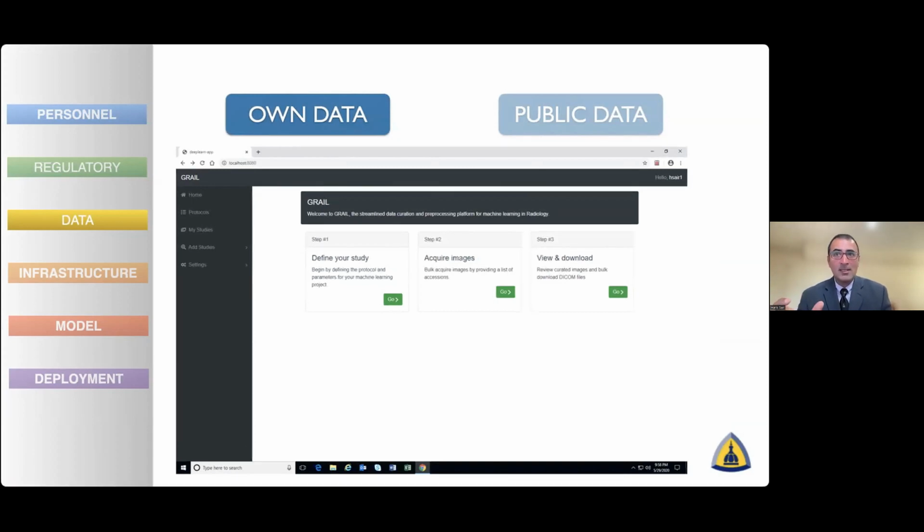And just a little anecdote here: I had a company from Japan who was interested in validating an AI tool that they had for detecting intracranial aneurysms. They were approved in Japan. They wanted to get FDA approval in the US. So they reached out to us saying, hey, we just need a couple hundred data sets to validate the data.